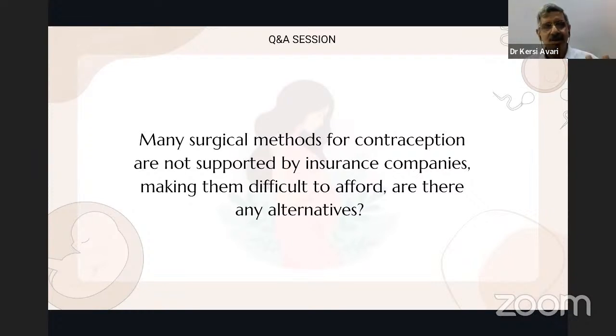Now, insurance companies always write in their product, please read the product. If you read finally, they write cosmetic treatments are not covered, dental implants are not covered, this is not covered, that is not covered. What they mean is that only actual suffering from a disease or sickness that you cure is covered by an insurance company.